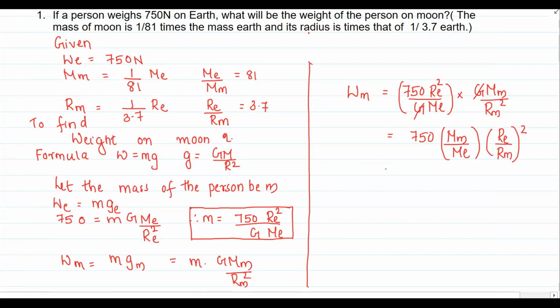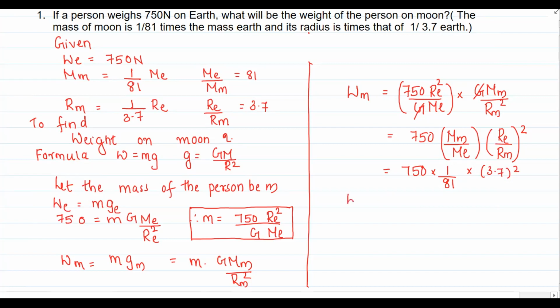That is equal to 750 into ME upon Mm is equal to 81. We got Mm upon ME. So this we can write into 1 upon 81 into RE upon Rm is 3.7. So here 3.7 the whole square will come.